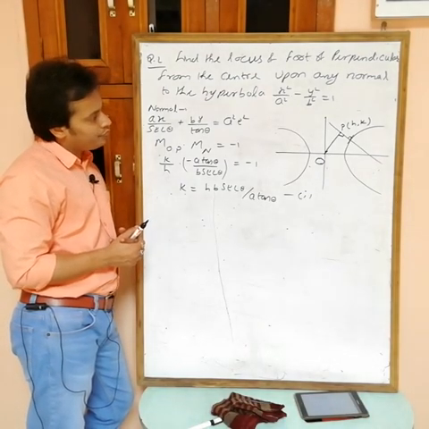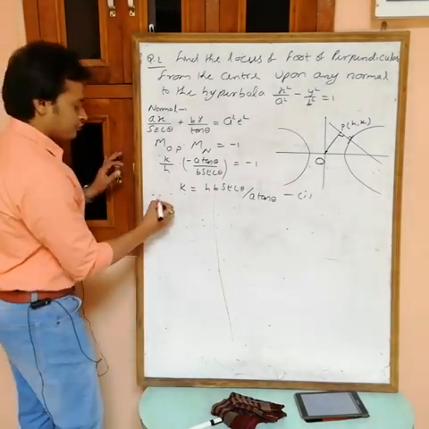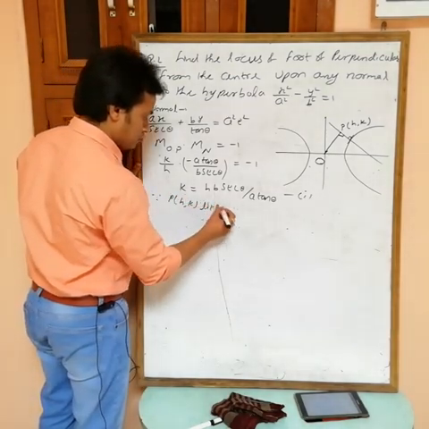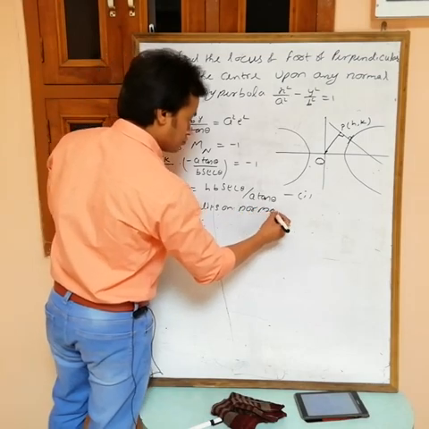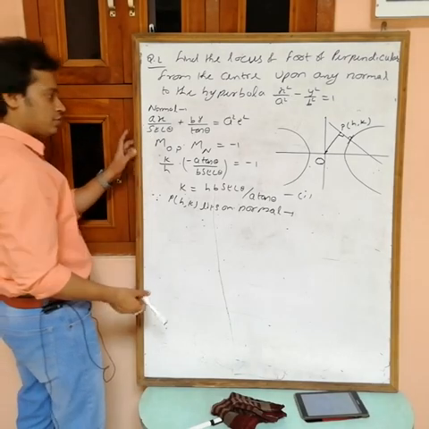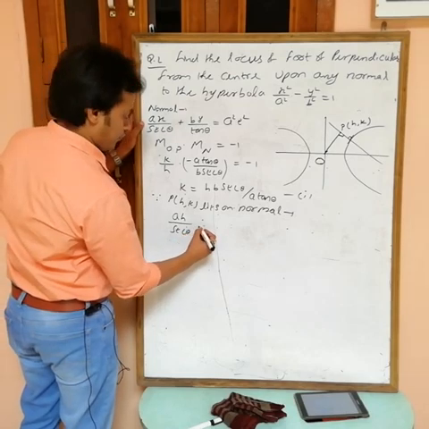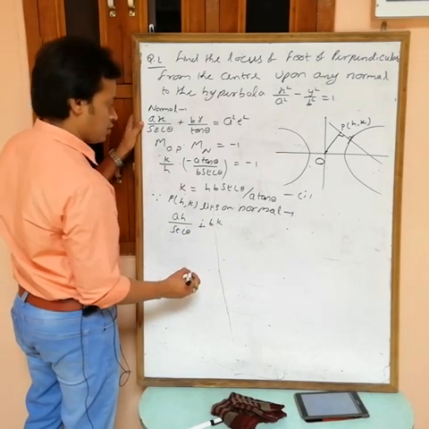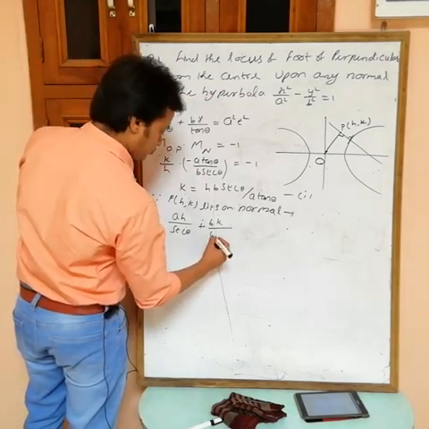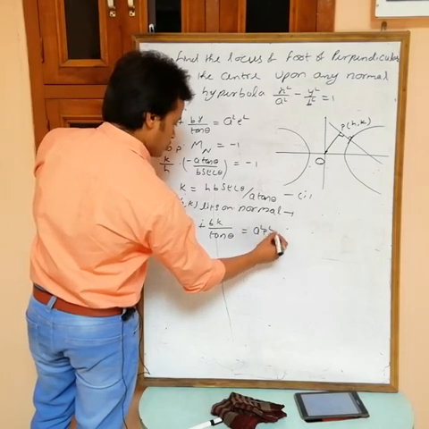Oh, simple. H comma k lies on normal. Okay. So put h comma k in this equation, then what we are getting, a h by sec theta plus b k by tan theta equal to a square e square.